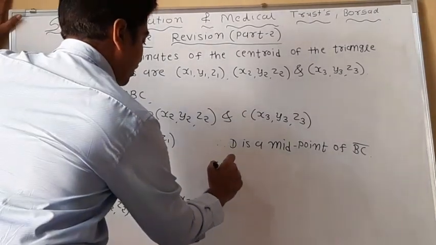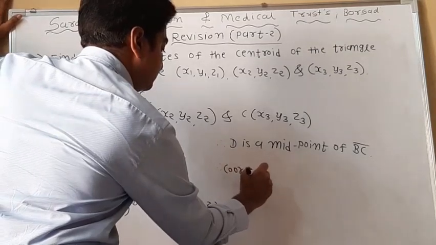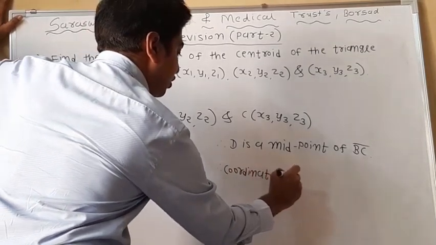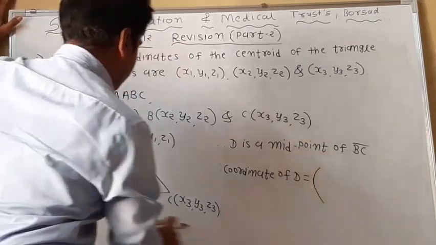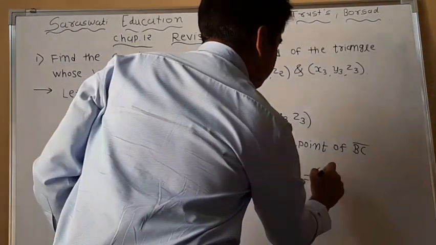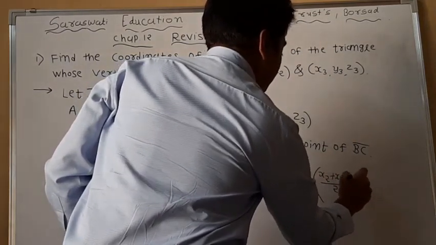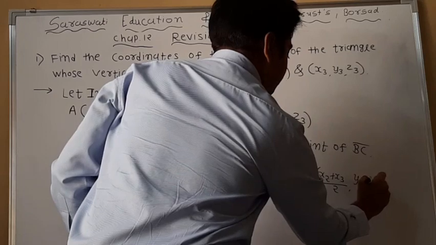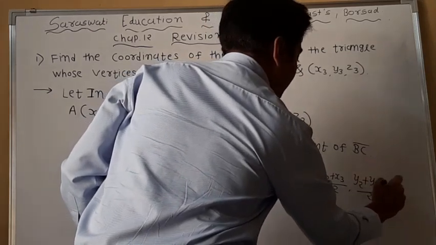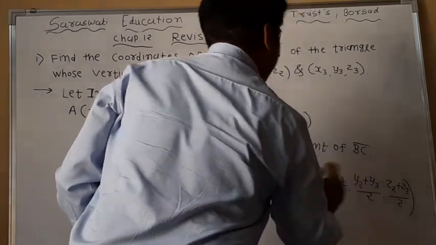Therefore the coordinates of D are x2 plus x3 divided by 2, y2 plus y3 divided by 2, z2 plus z3 divided by 2.